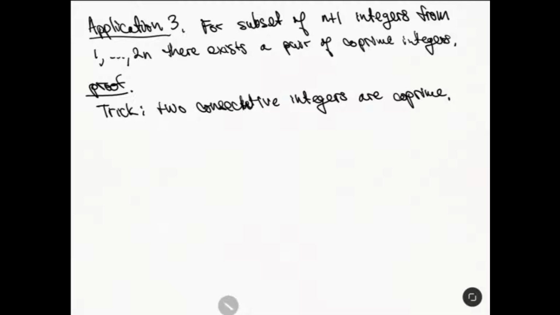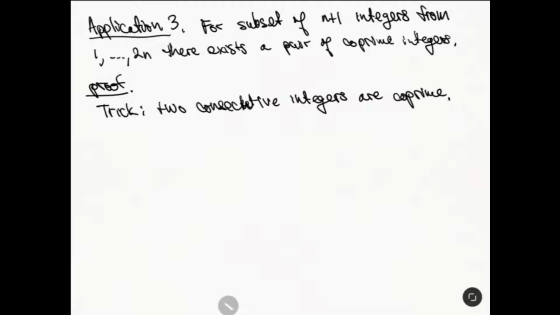To be coprime is the same thing as saying there doesn't exist a prime p such that the 2 numbers are both congruent to 0 mod p. So if n is congruent to 0 mod p, then n plus 1 is not going to be congruent to 0 mod p, because n plus 1 is going to be congruent to 1 mod p.